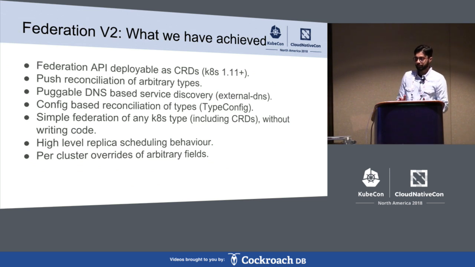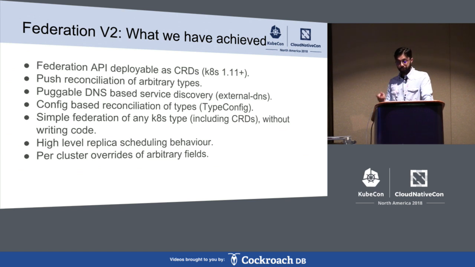This is about Federation v2, what we have achieved in terms of features or exact use cases as of now. So we have completed a version. I released 0.0.4 yesterday, and what we have completed is that we can deploy the Federation API as CRDs onto any active K8s cluster.